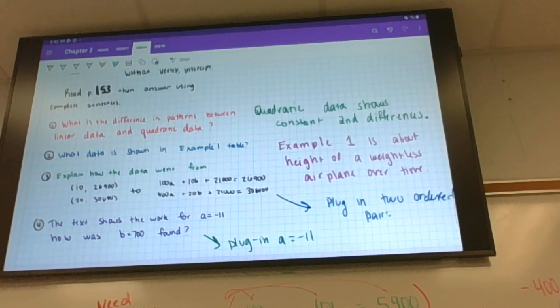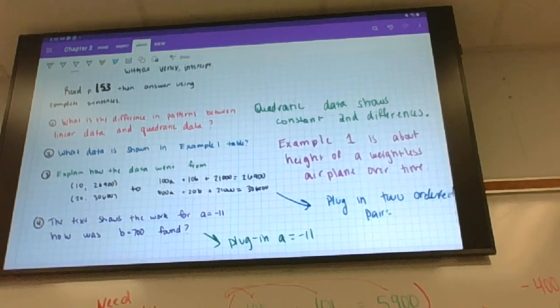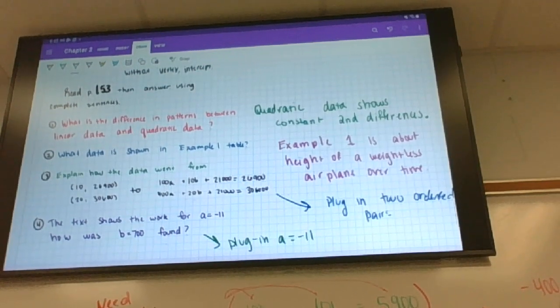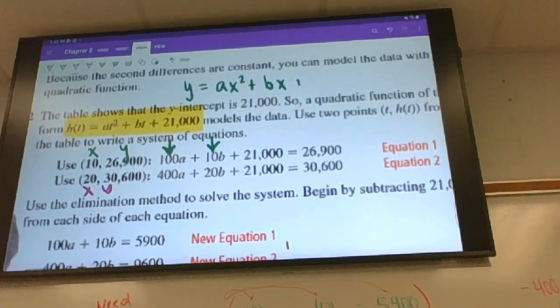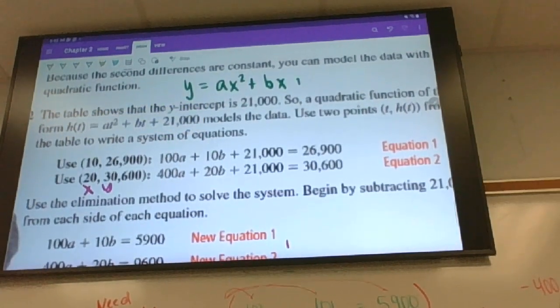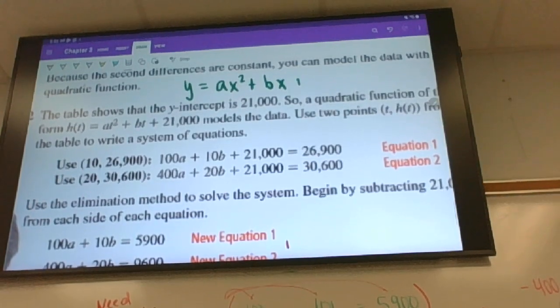Okay. Now, number 3 is actually looking at the math. How do the numbers go from 10, 26,900, and 20, 30,600 to these equations? You got it? I understand some of the equation. Can you give us the sum that you got?